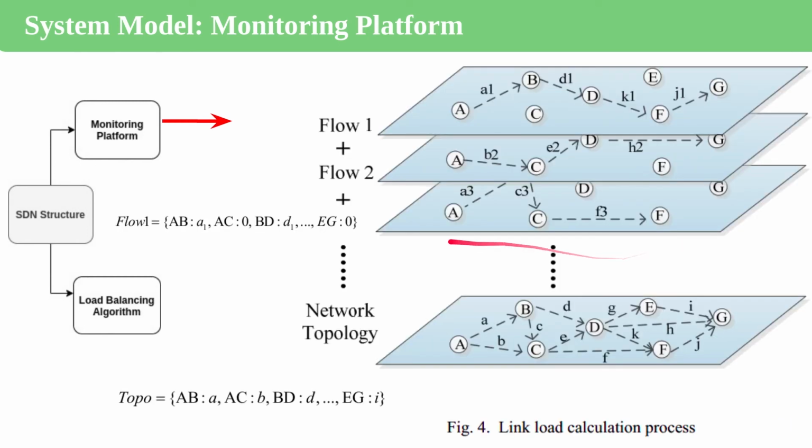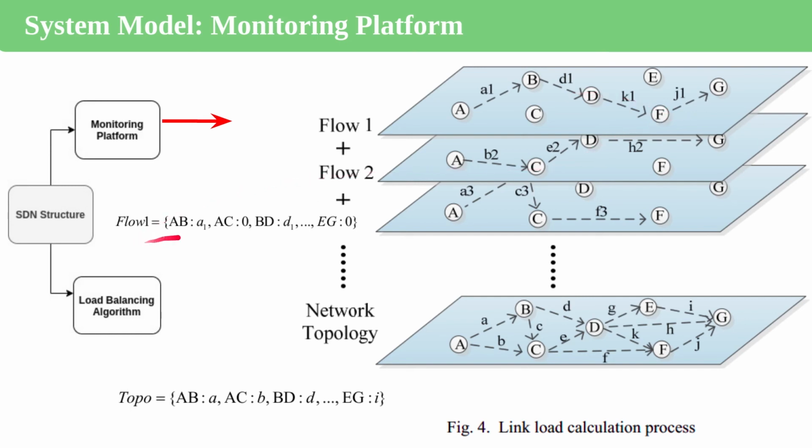And here you can see a picture which is a flow chart, and in this figure it shows the calculation processes. For example, the path for flow 1 is A, B, D, E, and then G, and A1, D1, K1, J1 is equal to 1, which indicates that flow 1 passes through these links.